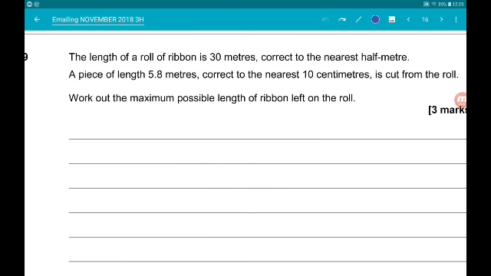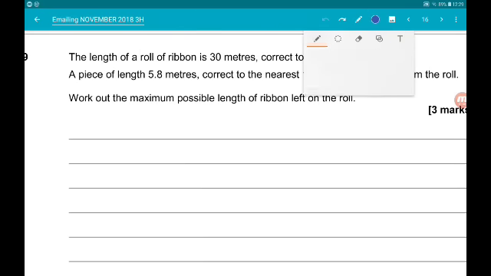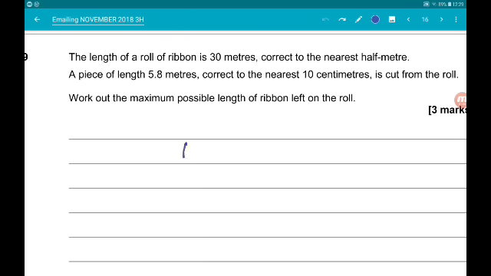So for the roll, we'll call it R. So it's 30 rounded to the nearest half meter. So the lower bound would be 29.75 and the upper bound would be 30.25.